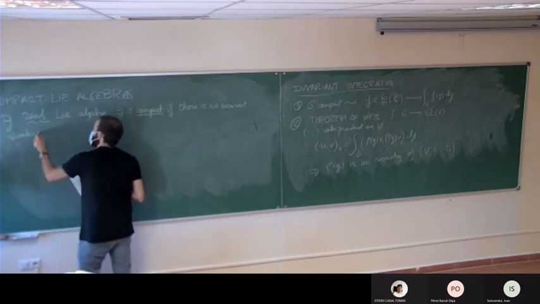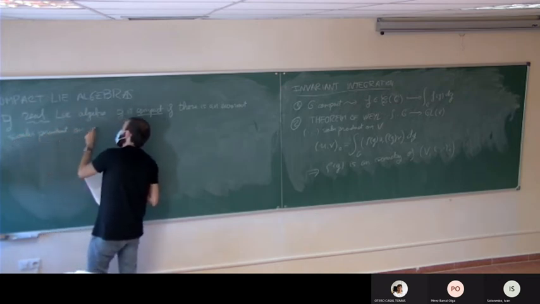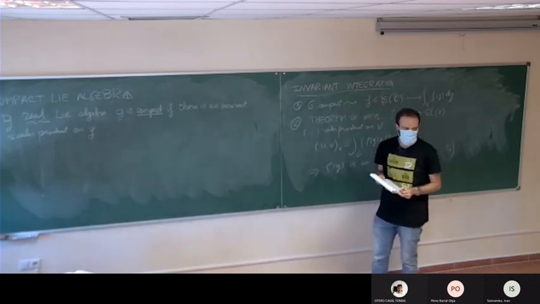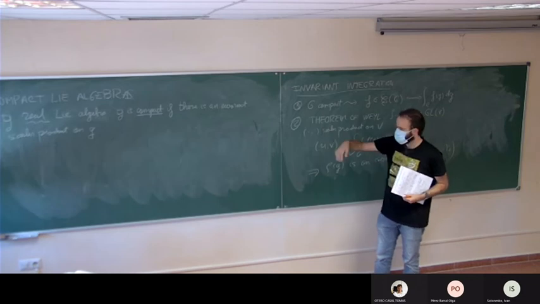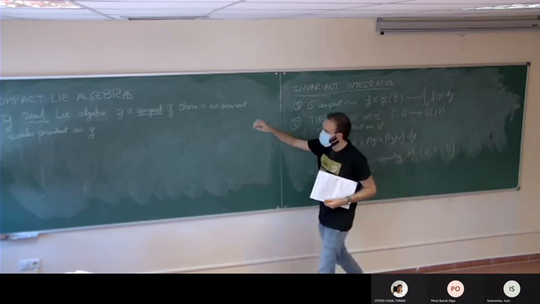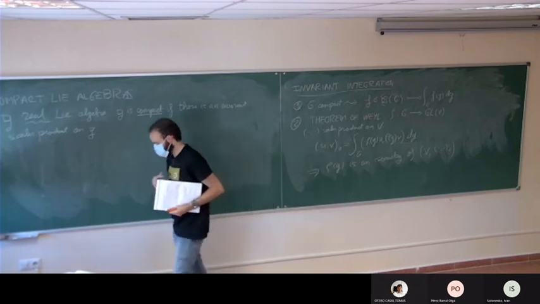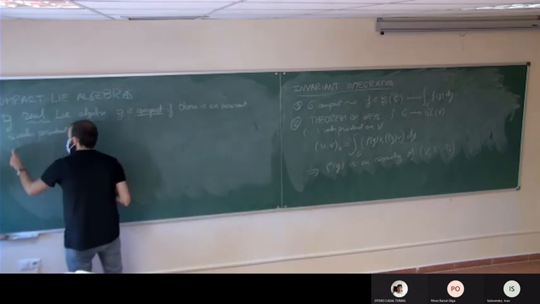Do you remember what an invariant form was? It was a bilinear form in which the elements of G acted as anti-symmetric transformations. So, facts.